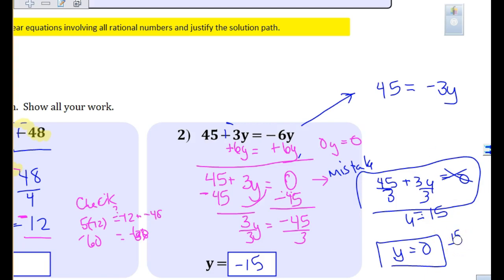No, not 15 divided by 0, but 0 divided by, in this case, 3. 15 divided by 3 gives us 5. But if I have 0 and I divide it by 3, isn't 0 divided by any number equal to 0? We talked about that at the beginning. So be really careful.